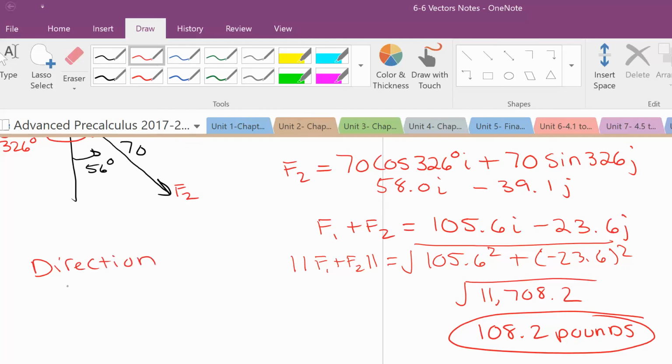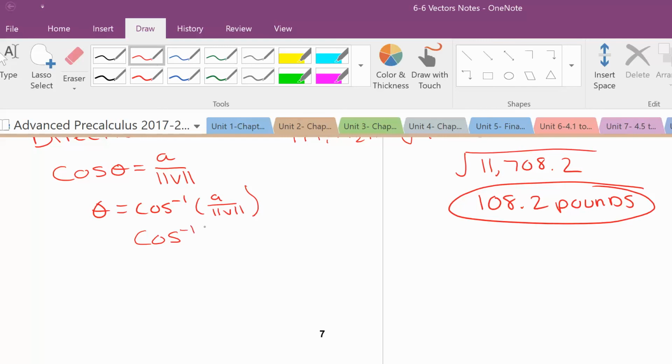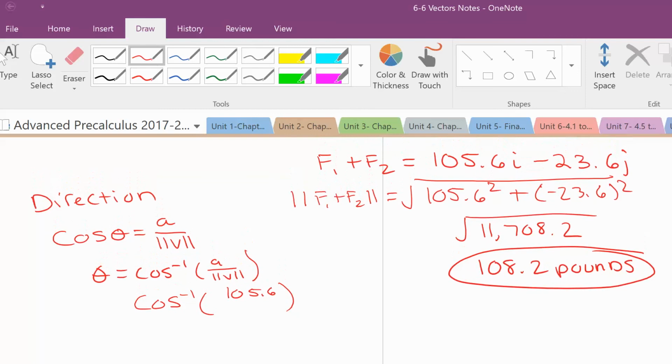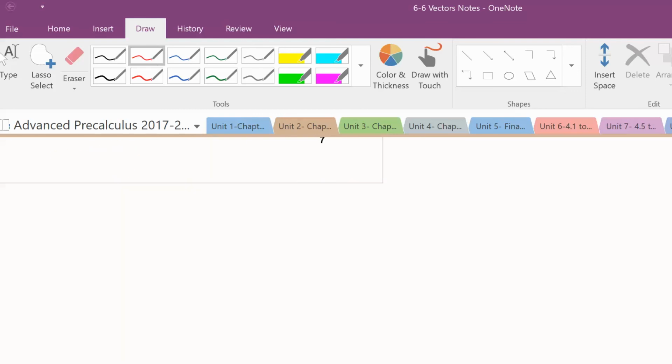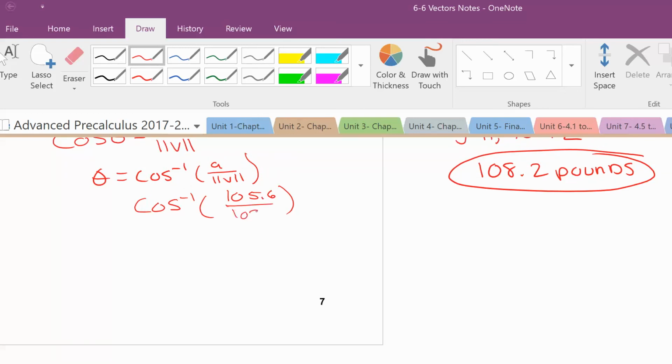Number one, because we know that cosine theta is equal to A over the magnitude of V, that means that theta is equal to cosine inverse of A over the magnitude of V, which in this case means it's equal to the cosine inverse of 105.6, because that is A in our resultant vector, divided by 108.2.